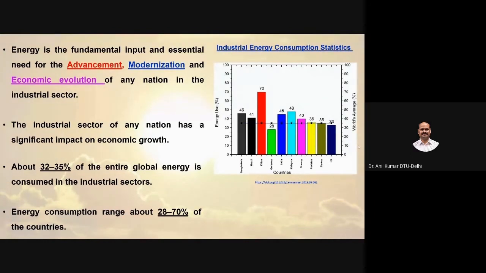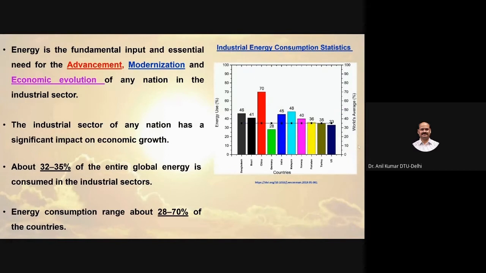Of course, we know China is the highest energy consumer right now, and almost 70% of the energy they consume goes into the industrial sector only. On average, it is 30 to 35% in the rest of the world.